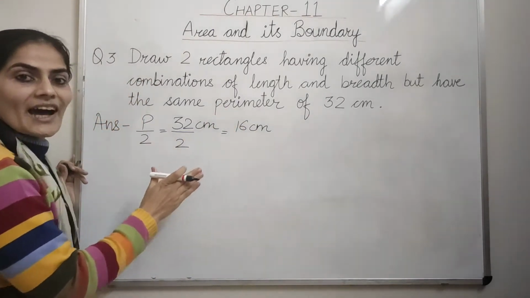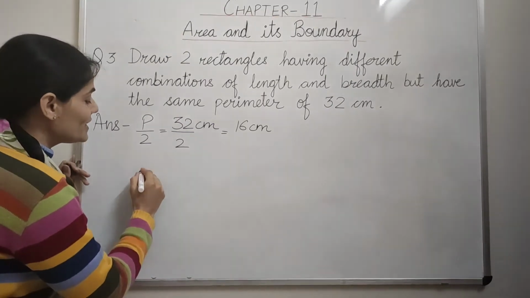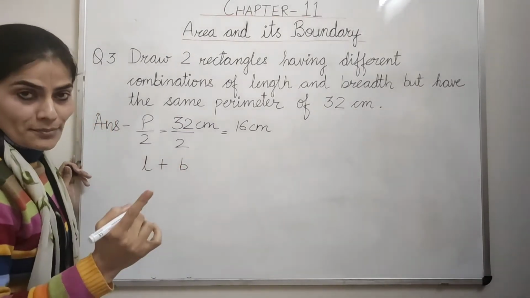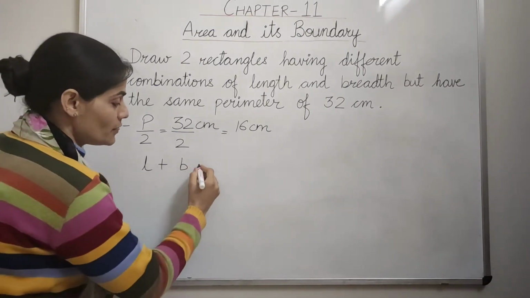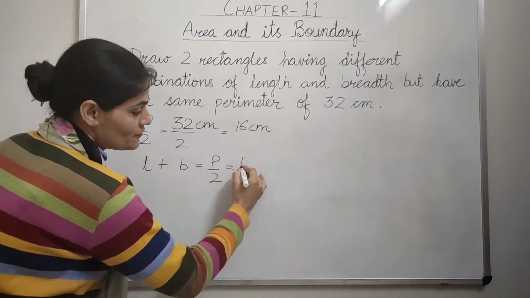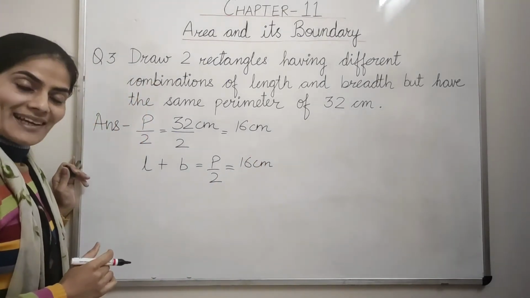After finding half of the perimeter, we will find such combinations of two numbers whose sum will be equal to half of the perimeter, which is 16 centimeter. Clear?